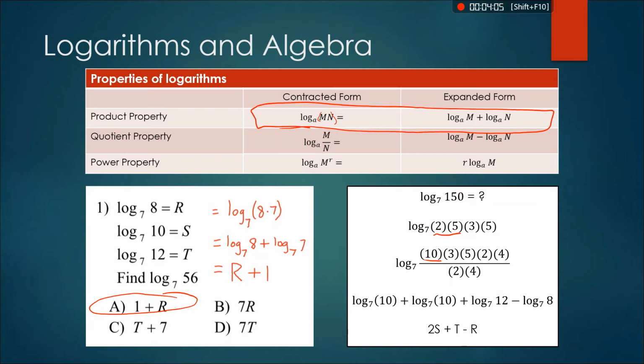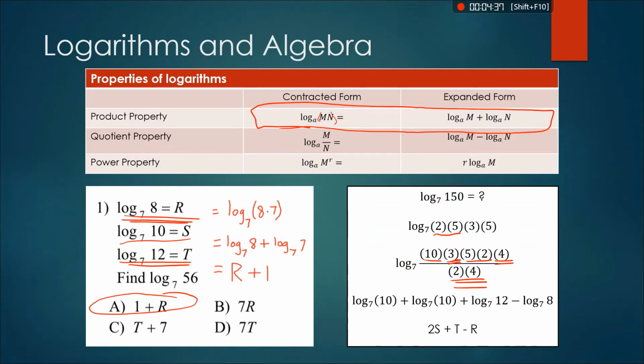So I'm going to see if I can match them. 3 times 4 would give me 12, so I'm going to multiply 4 on top and on bottom so that I don't change anything. So now this 3 and this 4 would give me 12. And then 5 times 2 would give me 10, so this 5 times 2 would give me another 10. Okay, on bottom I've got a 2 times 4, which is 8.